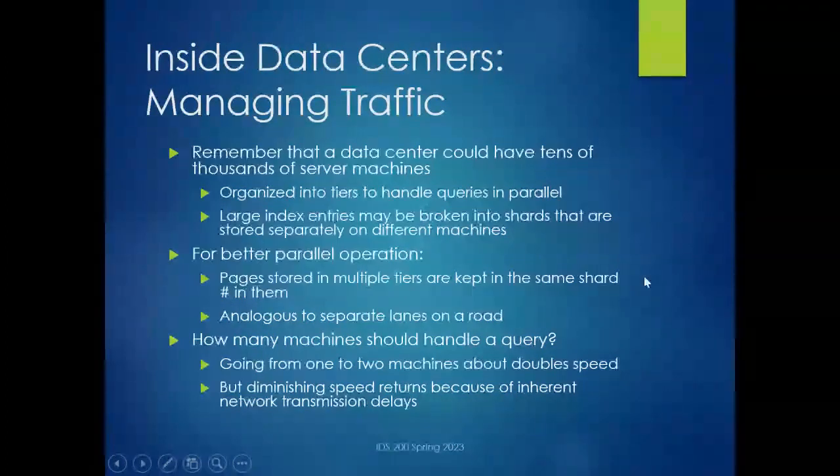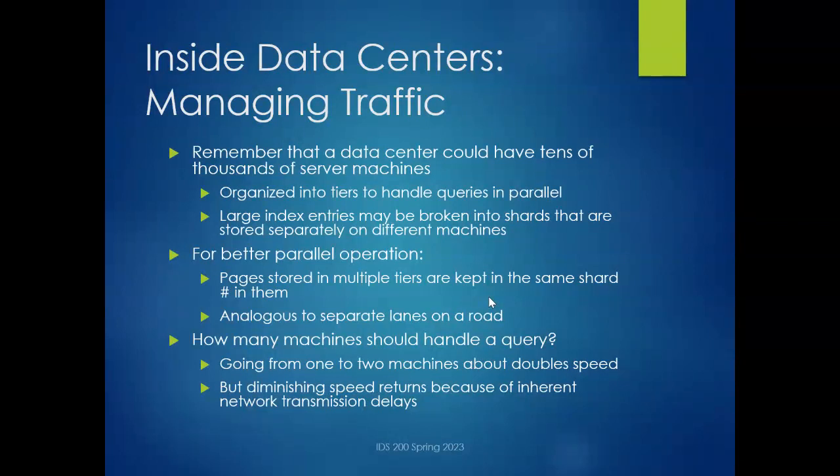If you have a page that's stored in multiple tiers, for example, you are doing a query that involves multiple search terms, the pages that are involved are going to be on the same shard number in any tier. So if you have a search query that involves one page that's in shard number 3 of tier 1, that page is also going to appear in shard 3 of tier 2 and shard 3 of tier 3 and so on.